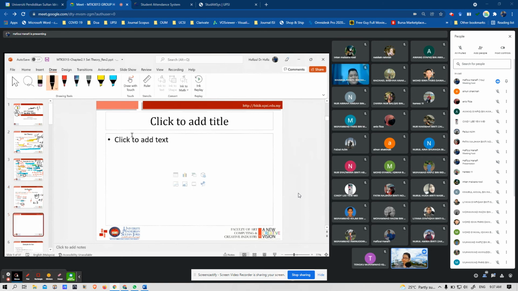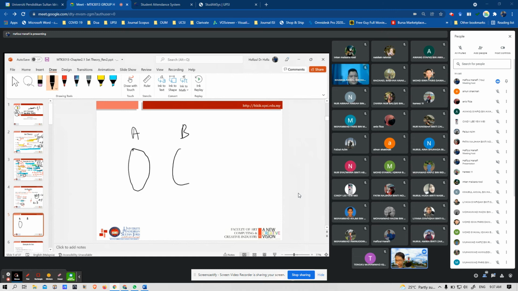So equality, for example, we have two sets, A and B, and then we have elements inside: 1, 2, 3 and 1, 2, 3.